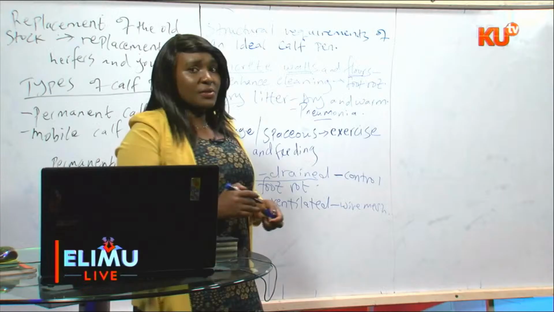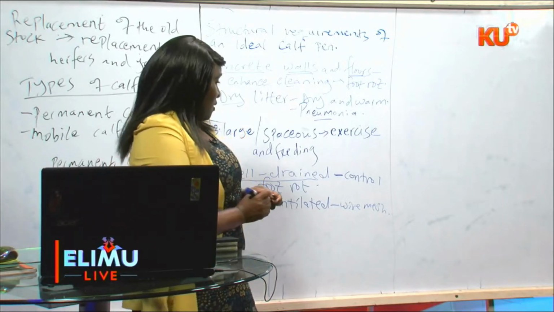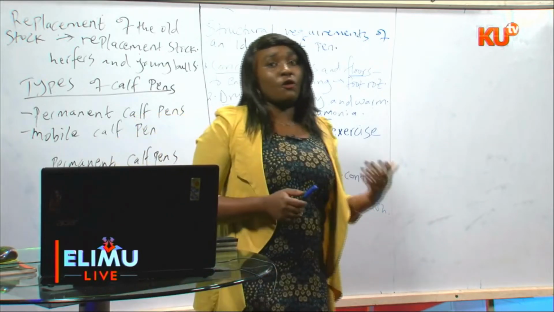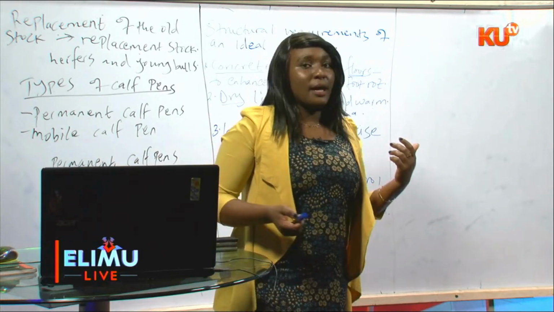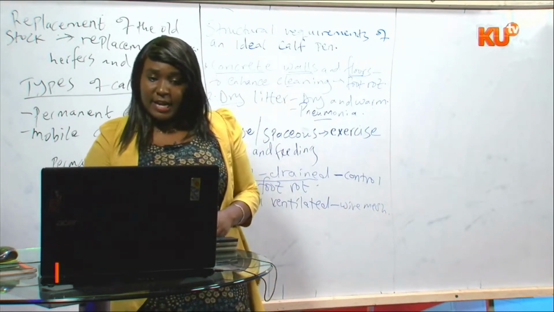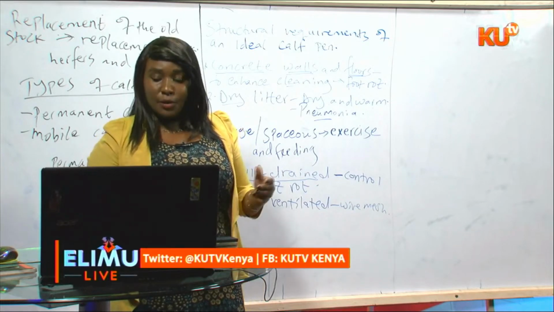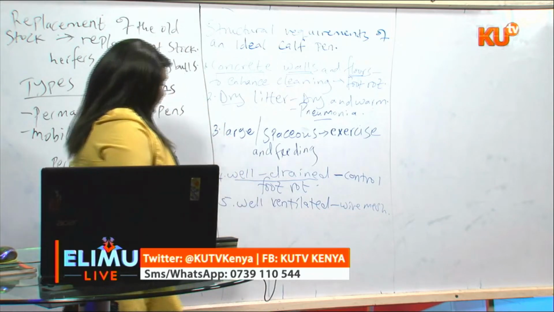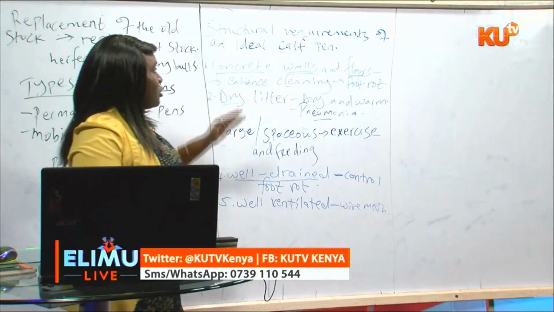The ventilation boosts the immunity of the animals because there is free circulation of oxygen into the body of the calves. So a well-ventilated calf pen is ideal for the growth and rearing of these animals. So we are at point number 5.